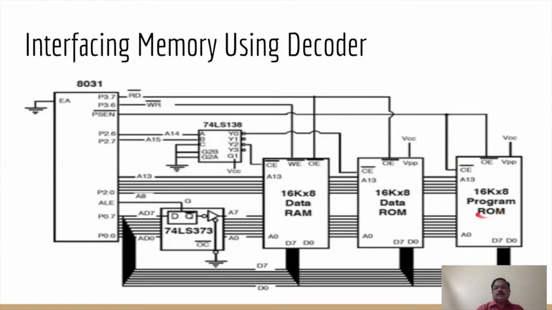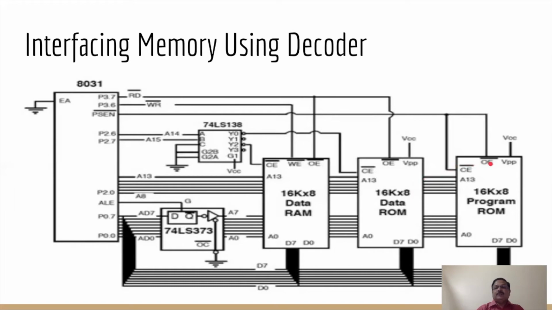Okay, the program memory EPROM is used for storing the code. However, the data that can be stored is in this 16K data ROM. Now here we can see how the chip select logic is designed for this.